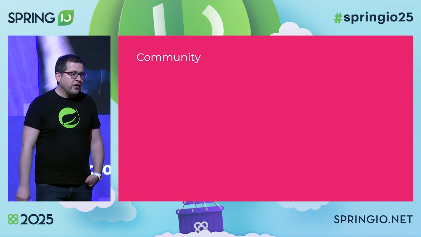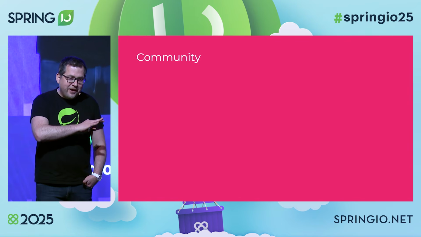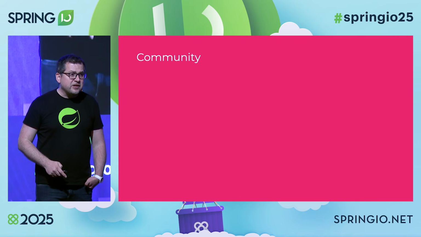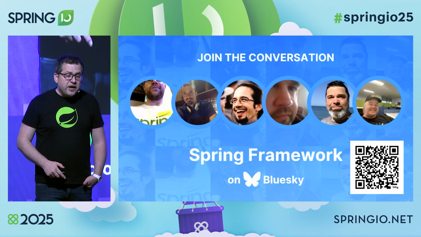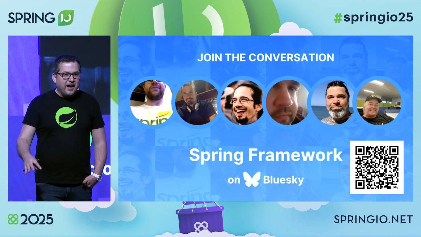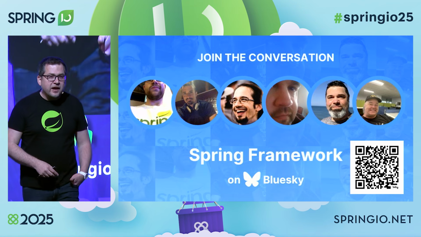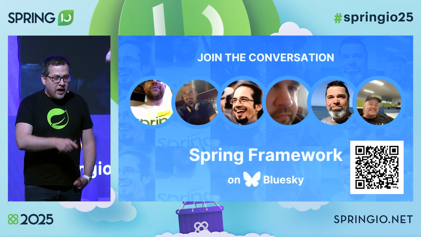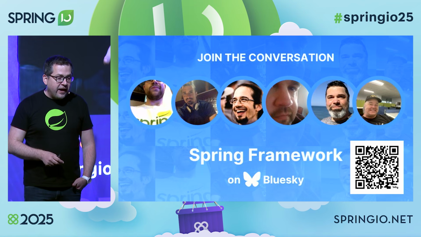And there is actually one other thing, and this is quite surprising for me, and it's also quite inspiring. It's the community. If you want to get the newest news, the Java ecosystem has moved to Blue Sky. I would highly suggest it, because Daniel Garnier-Moreau has added a starter pack for the Spring team on Blue Sky.